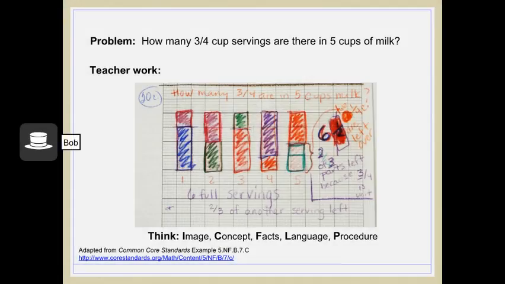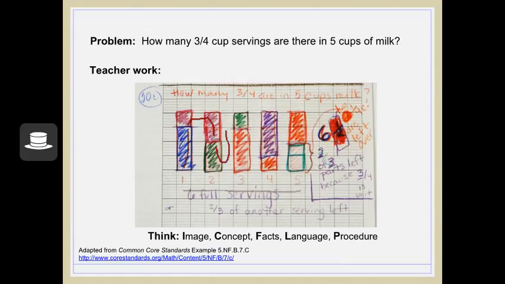So here's an example of what a teacher did with this. You'll see that they used something similar to the second interpretation of our area model. They represented each of the 5 cups of milk as vertical bars and then broke it into 3/4 cup segments. So here's the first 3/4 cup, second 3/4 cup.